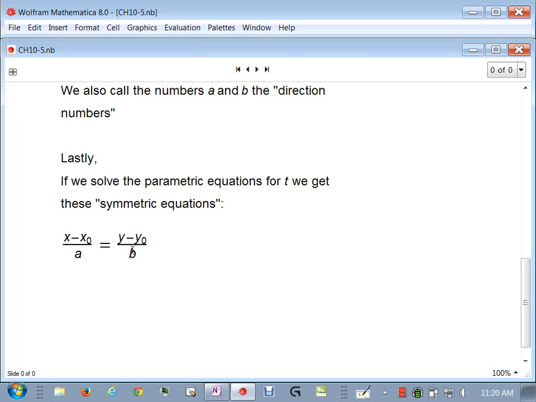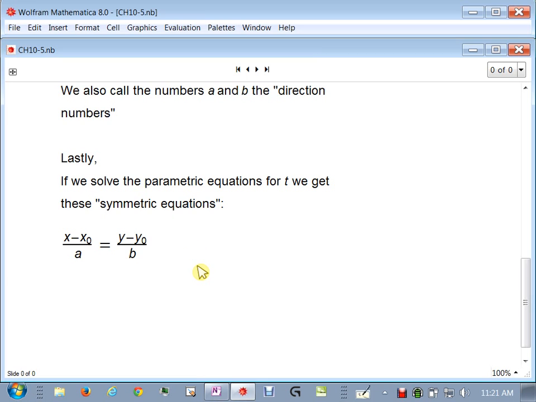So there's basically right now three forms of a line. We have the vector equation, which is r of t equals r naught plus tv. We have the parametric equations, x equals x naught plus at, y equals y naught plus bt. And then we have the symmetric equations, x minus x naught over a equals y minus y naught over b.